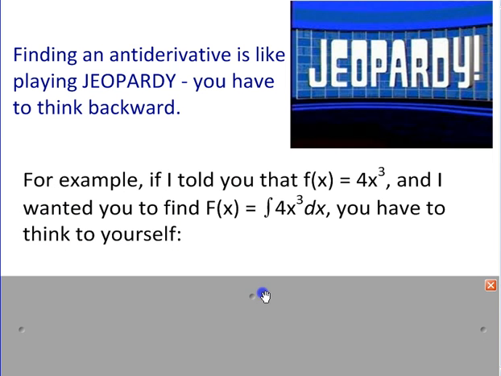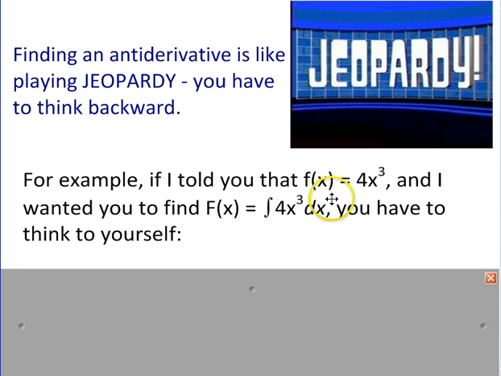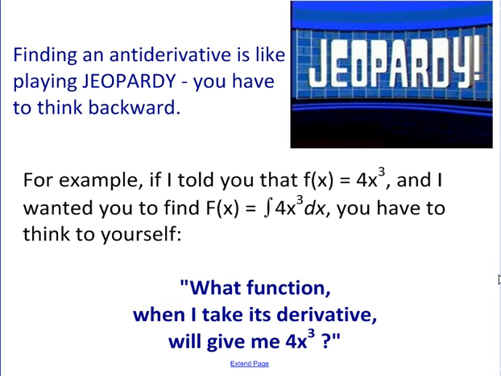If I told you that f of x was equal to 4x cubed, and I wanted you to find capital F of x, which is the antiderivative of 4x cubed dx, you have to think this to yourself. You have to think, what function, when I take its derivative, will give me 4x cubed?